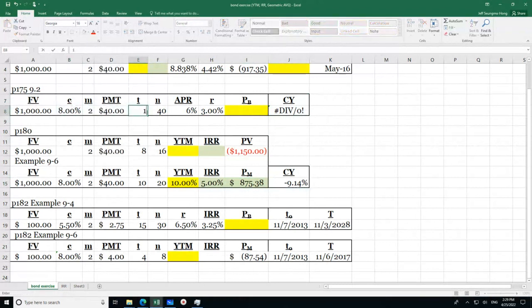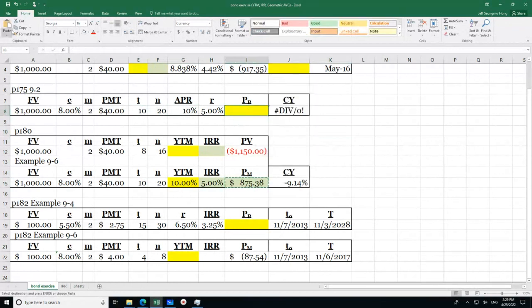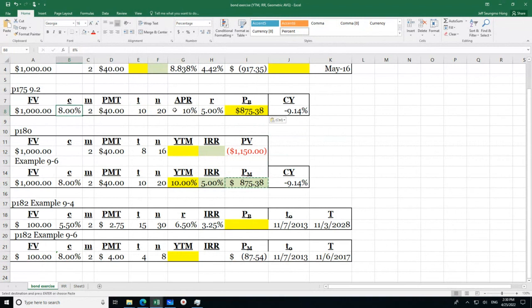And we can already tell this is one thing we can verify: this is going to be a discount bond. Why? Because the coupon rate is less than the prevailing market rate. That's why it's going to be a discount bond.